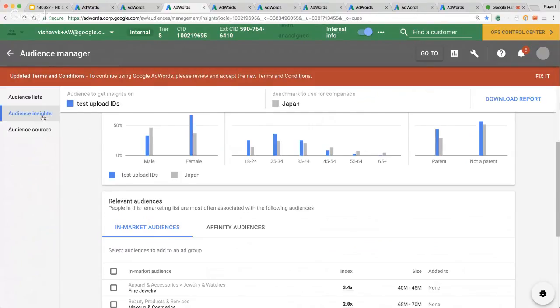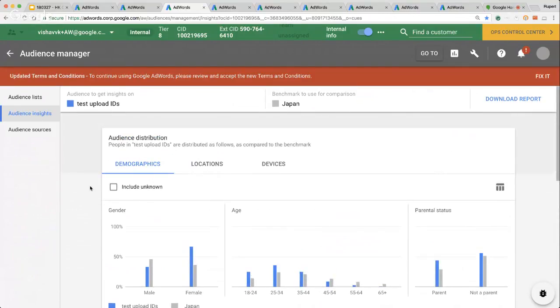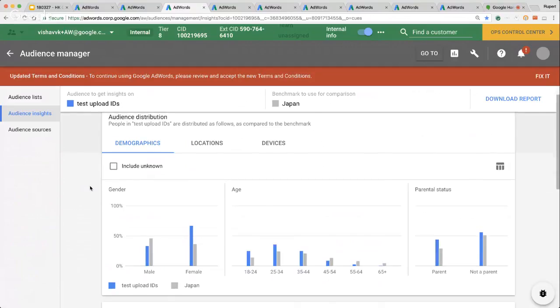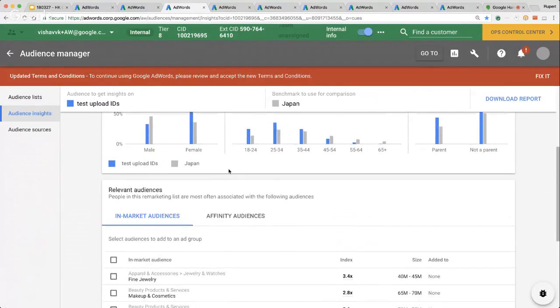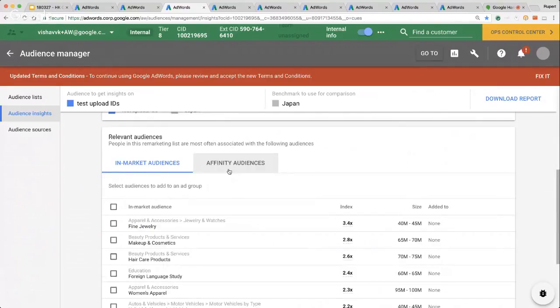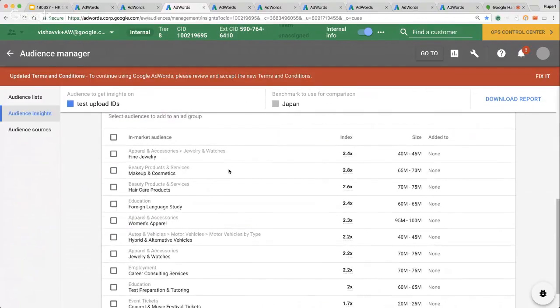Under the audience insights, based on the audiences that you have, we'll be able to tell you the demographic breakdown of gender and age, and also location and devices. But at the bottom of the audience insights, our system is also able to identify the most relevant in-market audiences. So here is where you would help your advertiser to set up the in-market audiences.